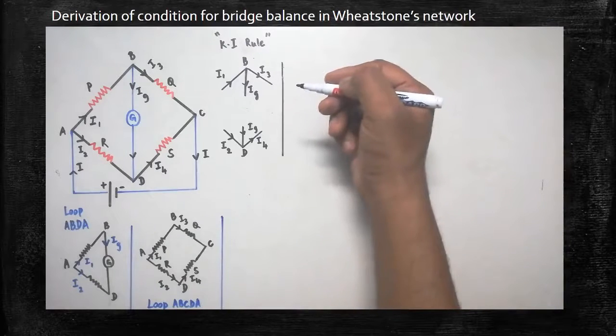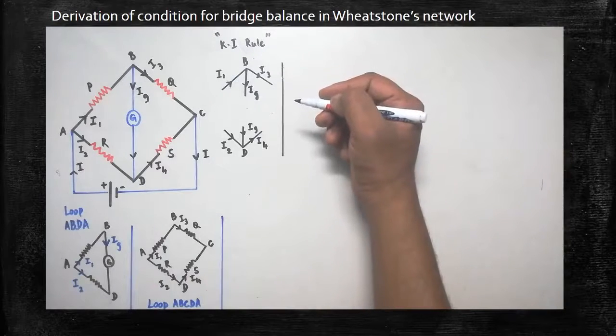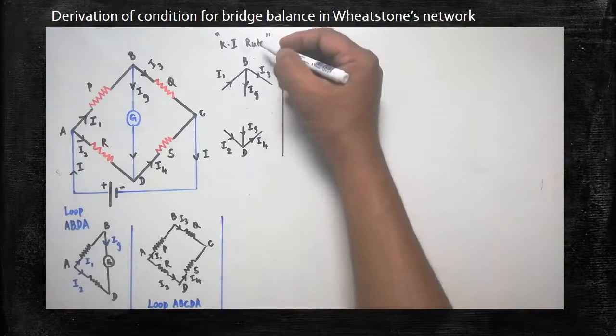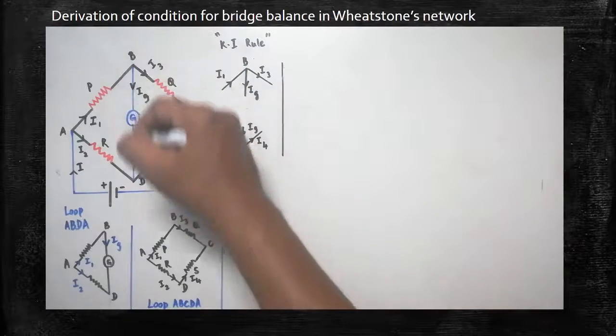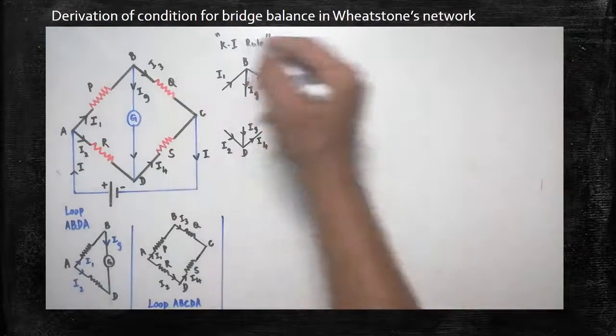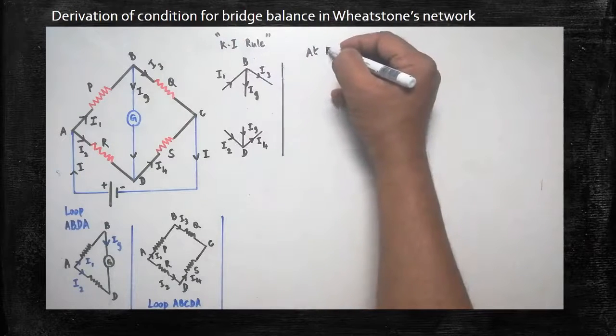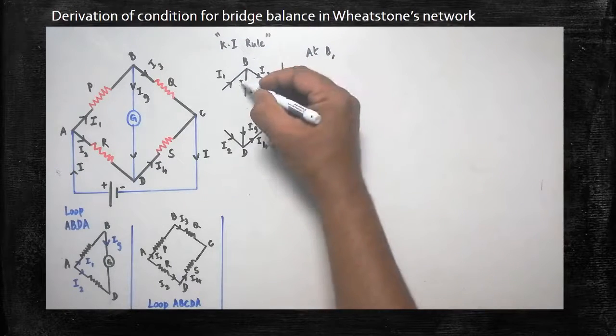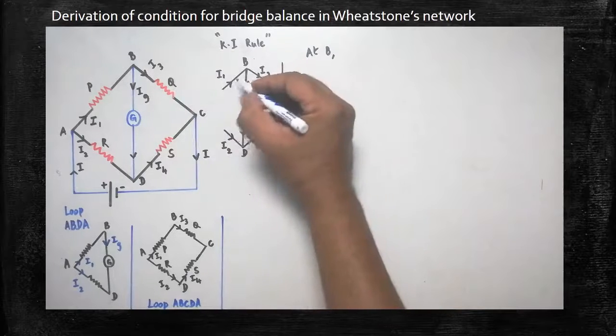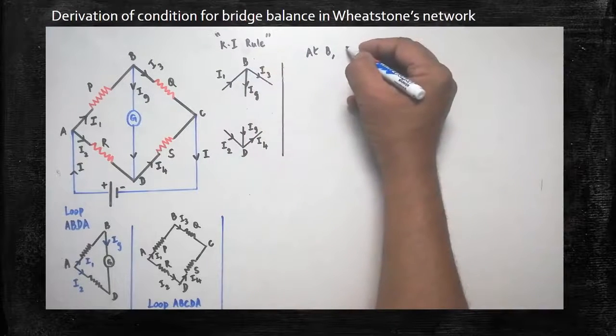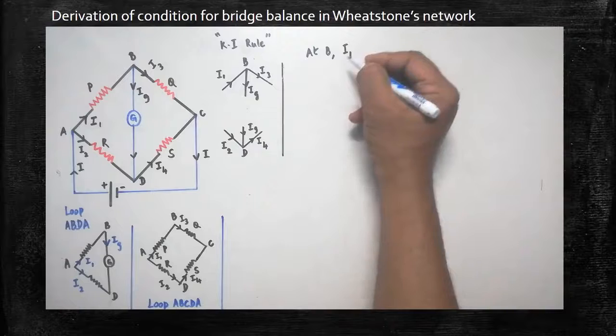For that purpose we are going to use 2 laws: Kirchhoff's first law and Kirchhoff's second law. I am going to apply Kirchhoff's first rule at both junctions. At junction B I am going to apply it. Look at the diagram, the same thing is drawn here. This is the current traveling towards the junction, therefore plus I1.